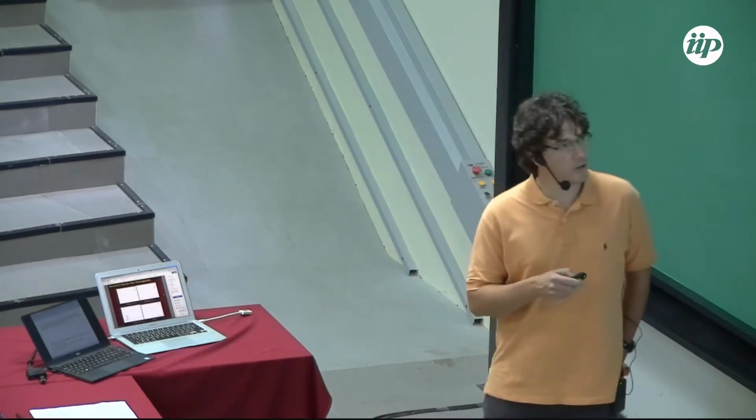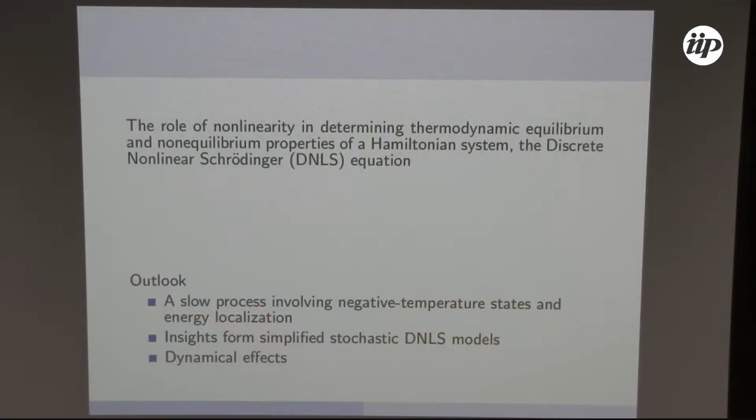I will focus on the role of the nonlinearity in determining the equilibrium and out of equilibrium properties of this discrete nonlinear Schrödinger equation. My talk will be divided into three parts. In the first part, I will show you what are the essential features of this slow process that involves negative temperature states and energy localization.